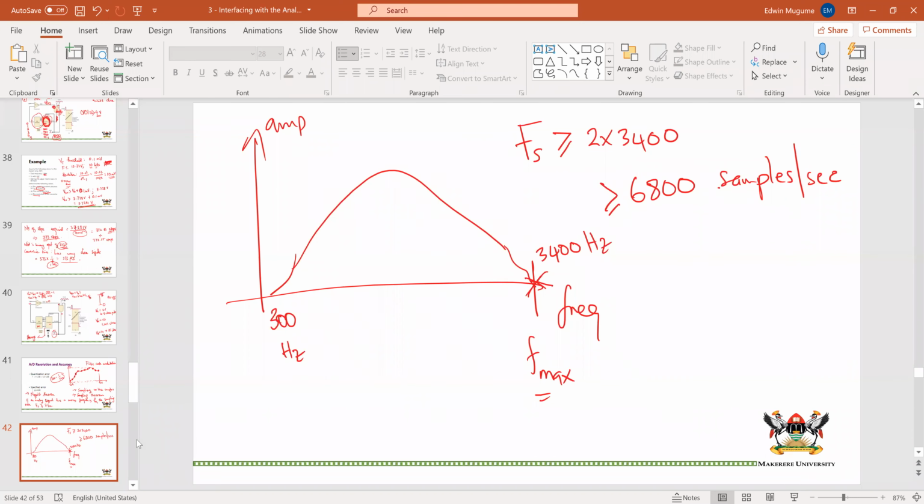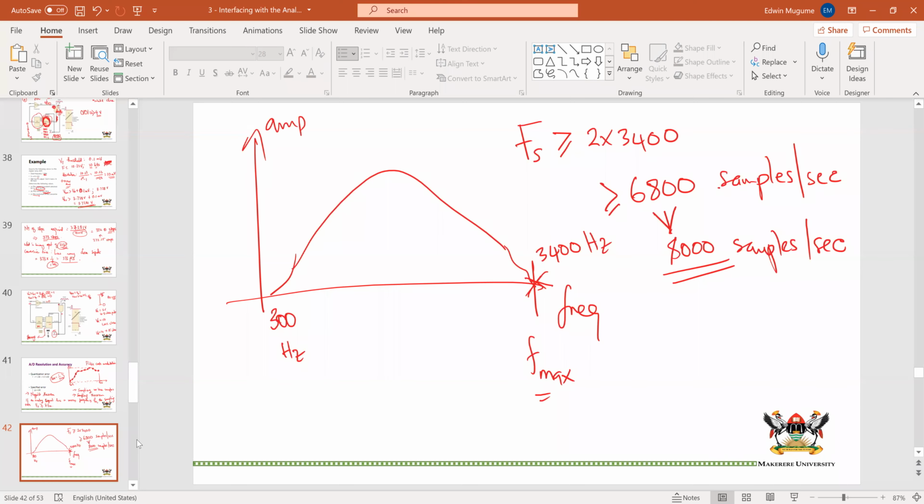Now, in fact, in the old telephone systems, the desk telephones, you might have one at home if you're rich, the old telephone systems sample at around 8,000 samples per second. And you can see that this 8,000 is obviously greater than 6800.